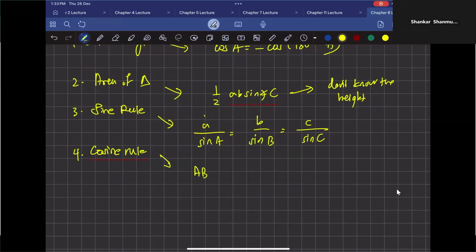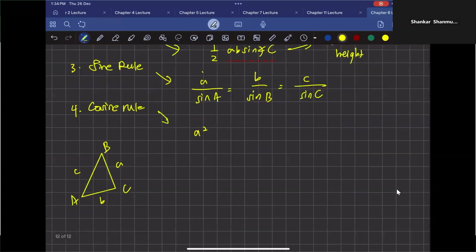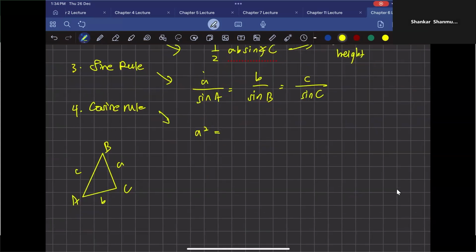If you are interested in your a square, so in this case when you draw a triangle, this is your A, this is your B, this is your C. Your a square equals b square plus c square minus 2bc cos, and your angle should be A. So A over here is also equal to angle BAC.